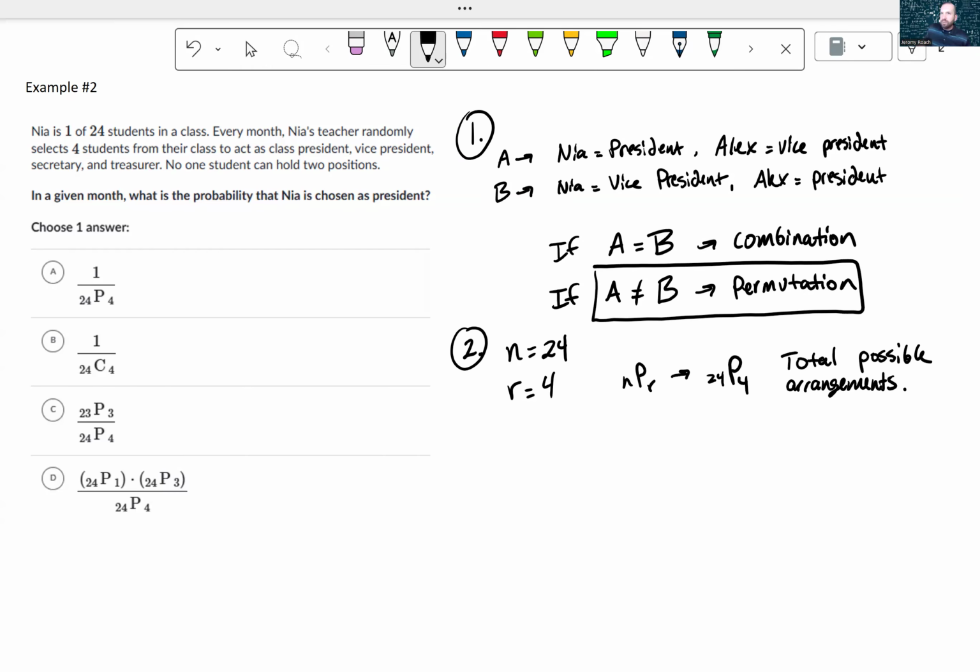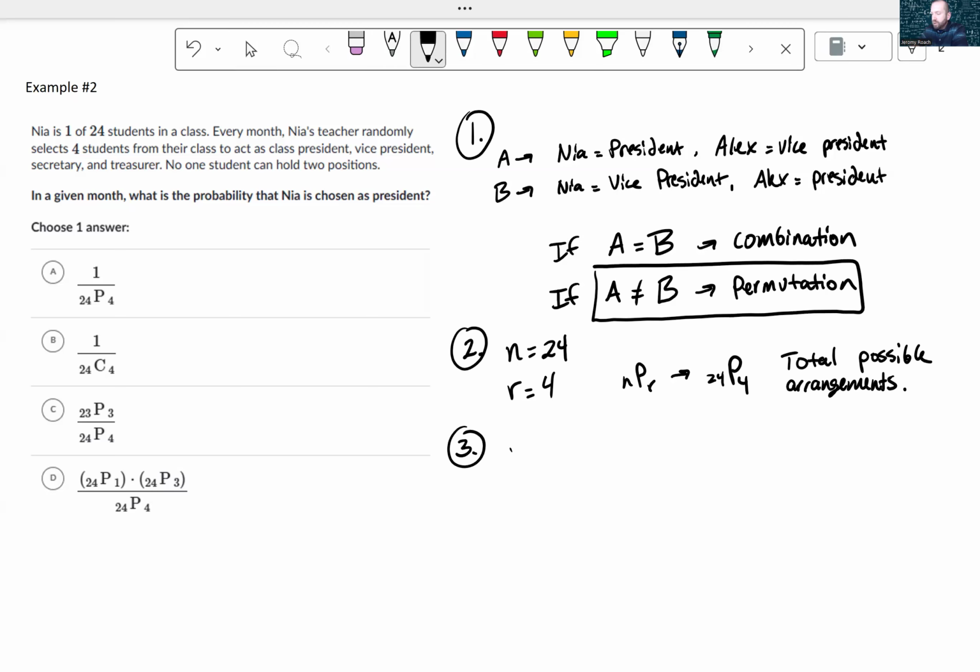Okay, now to step 3, which I thought was the toughest part about this problem when I was first reading it. We want to determine the probability expression here. In our last example, we had one way that these items could be chosen. But there might be more than just one way that Nia can be chosen as the president.